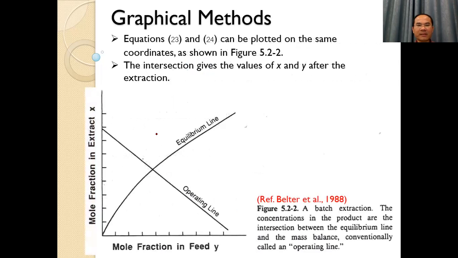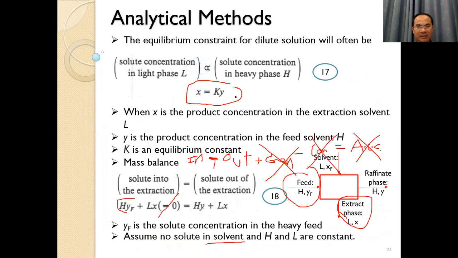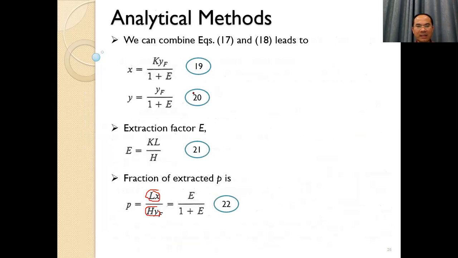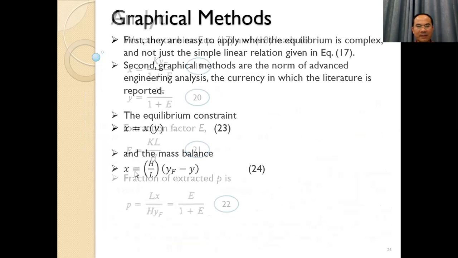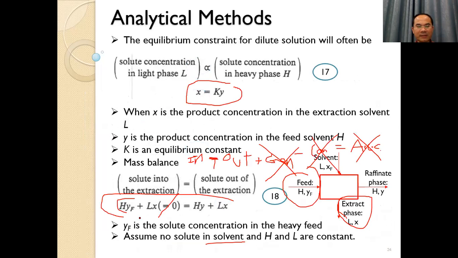Okay. For this case, you plot the mole fraction in phase Y and mole fraction in extract X. We plot Y and X. For the equilibrium line, we know X is a function of Y, like equal to KY, something like this. You plot this. And also you plot the mass balance. For mass balance, you get this equation.